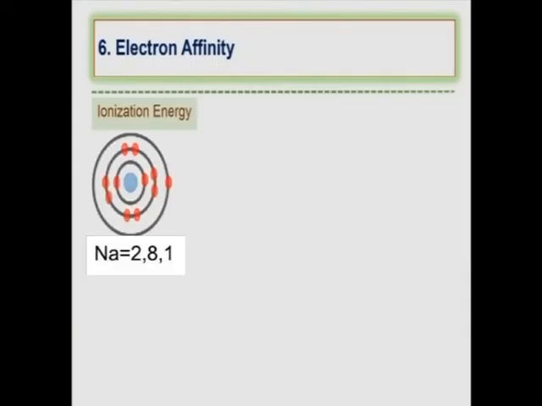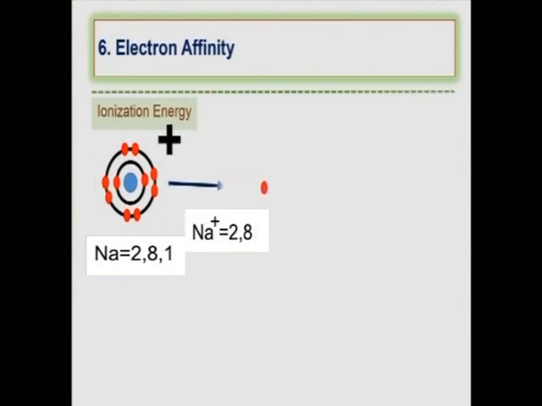And the sixth property is electron affinity. Now, what is ionization energy? It is simply the minimum amount of energy required to remove an electron from an isolated atom. Let's say we are removing an electron, the atom becomes positively charged.